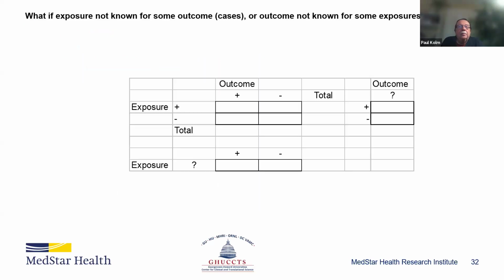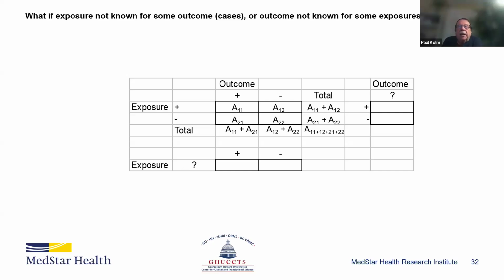So we expand our 2x2 table here with cases where we don't know the outcome or we don't know the exposure. And so these are our cell counts and the row totals, then our column totals, and then the grand total is basically the sum of all the cell counts.